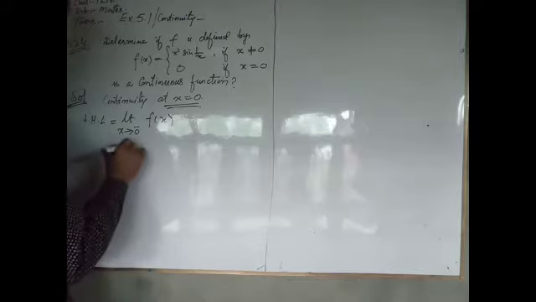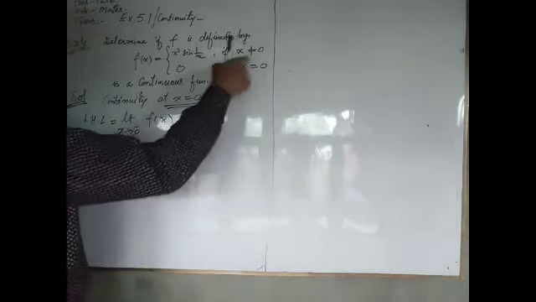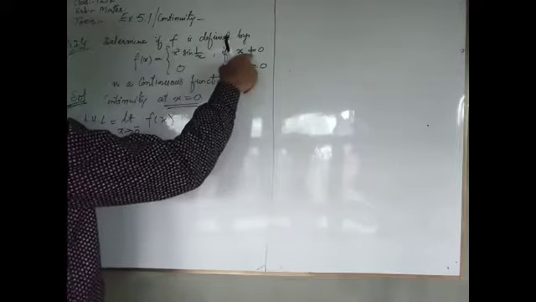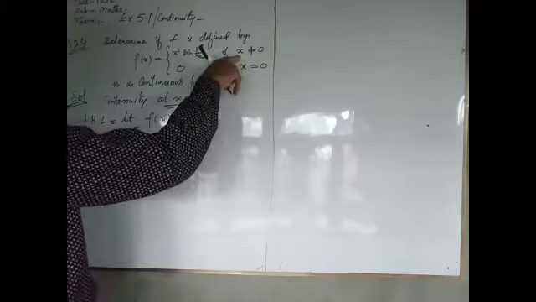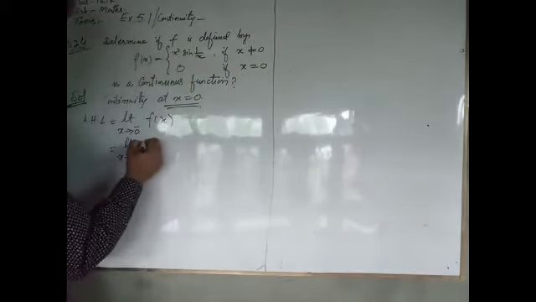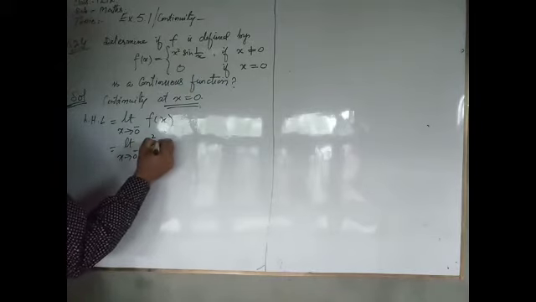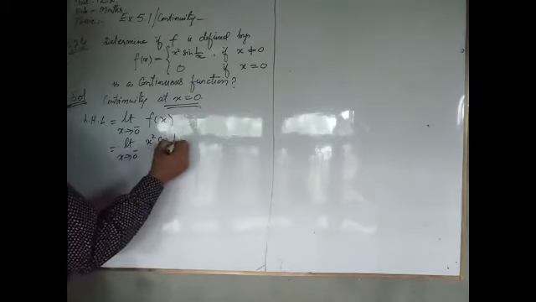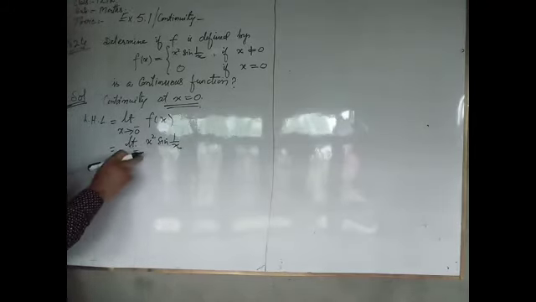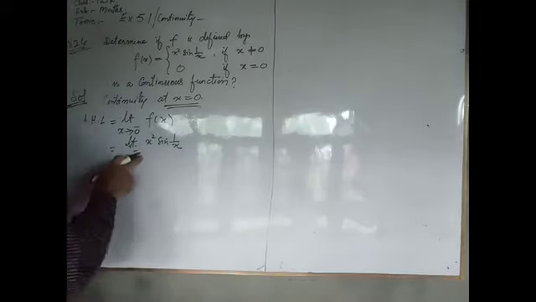Now limit x approaches 0 minus f(x), तो यहाँ पर x equal to 0 नहीं है तो ये function हम select नहीं करेंगे. x is not equal to 0, so here x is from the left side, यहाँ पर हम लेंगे x² sin(1/x). So we take the limit x approaches 0 minus from left.